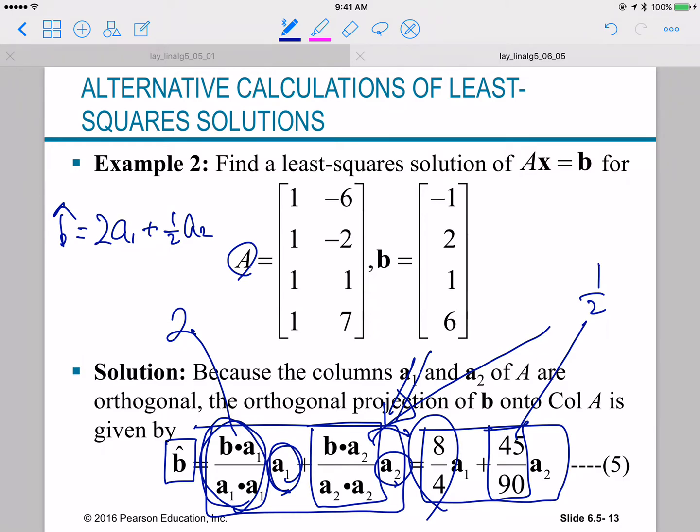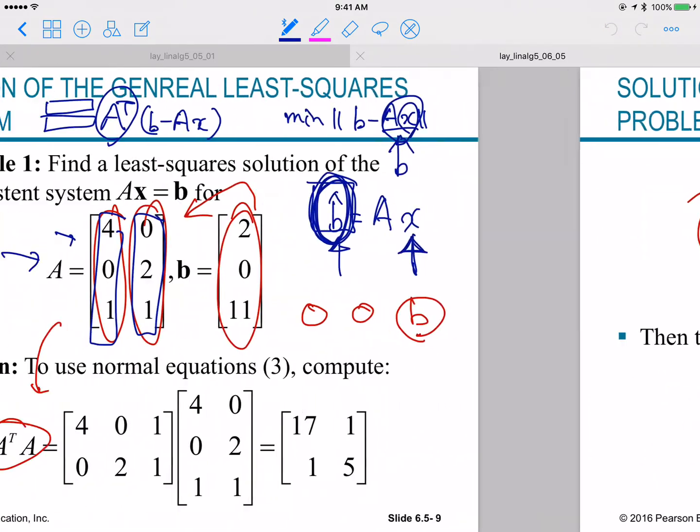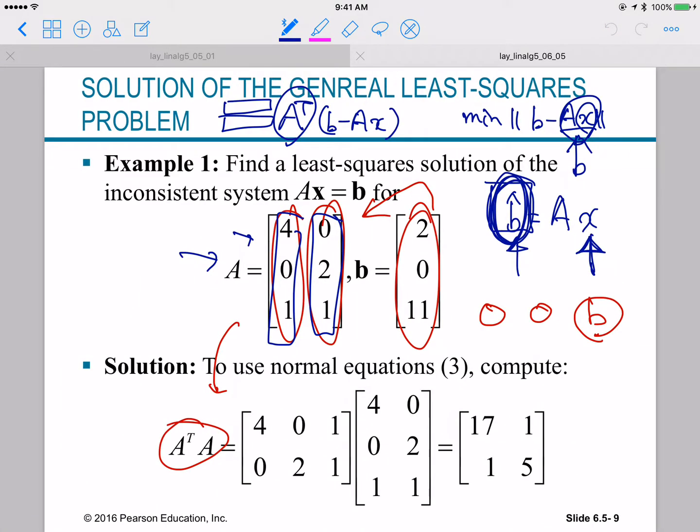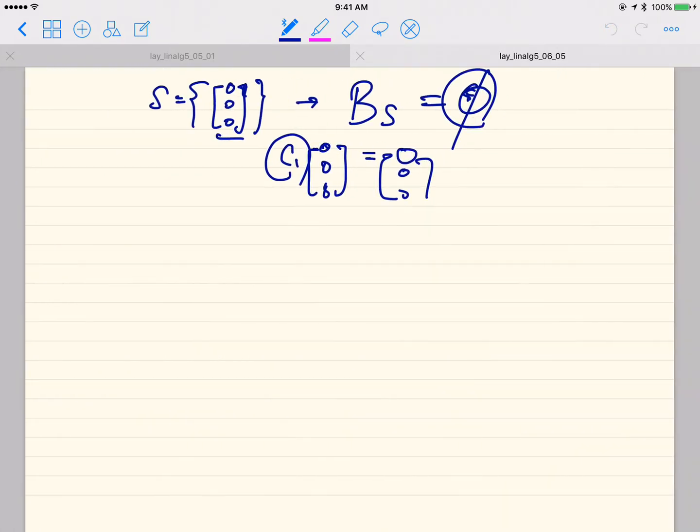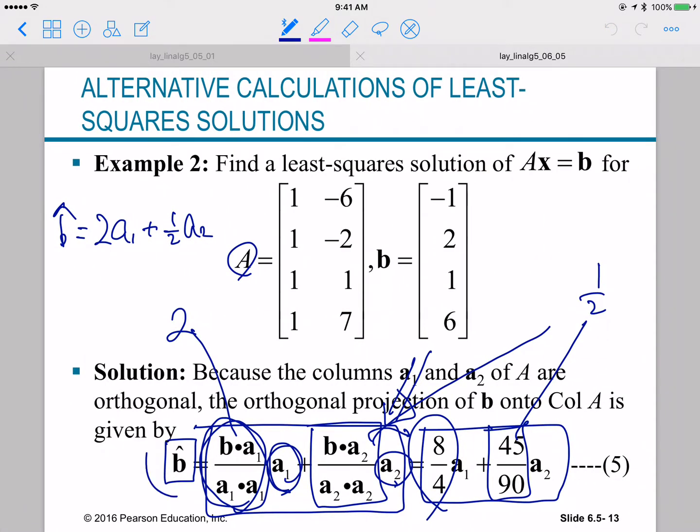And then what was our goal in the least squares? We want to solve for this x, which is the linear combination coefficient for our orthogonal projection B hat, the best approximation, right?